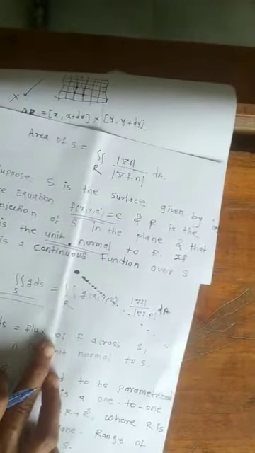Then we get the area of this region R, or the area of the surface.